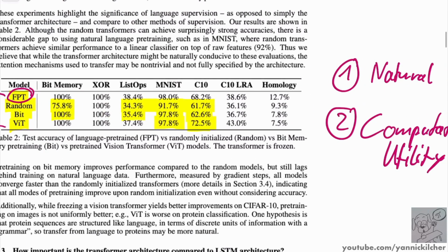If you pre-train on a task, the harder the task is, the more of these primitives need to be encoded.